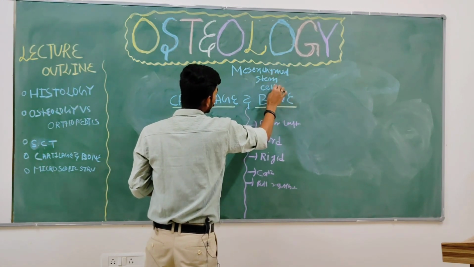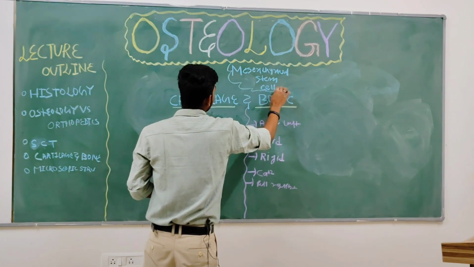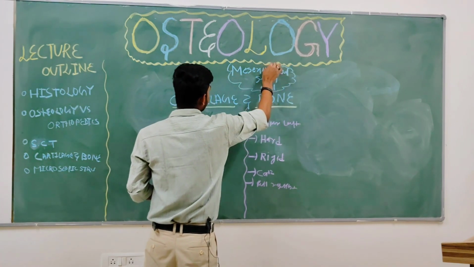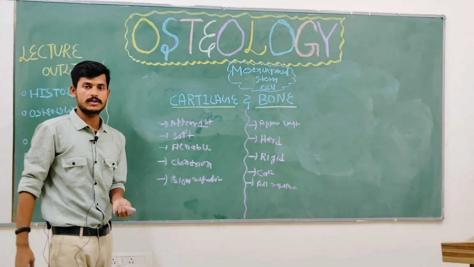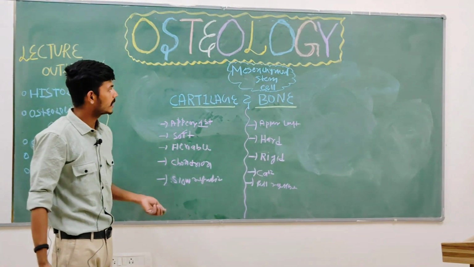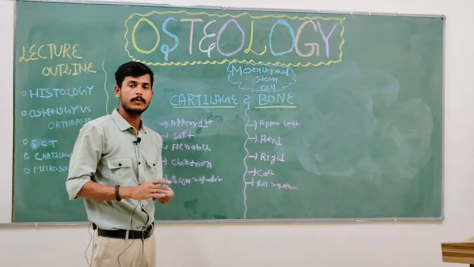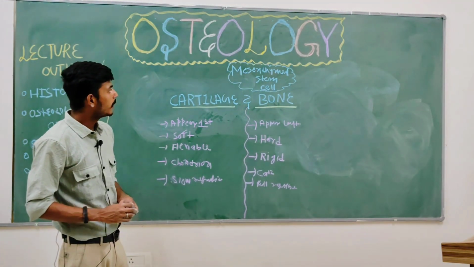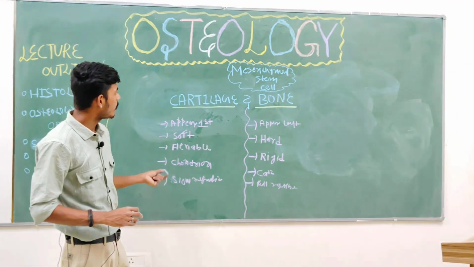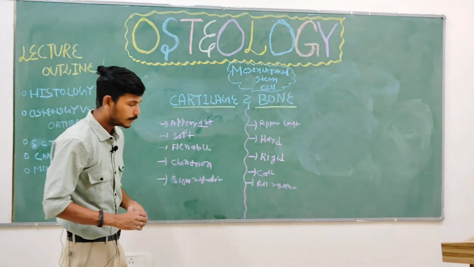Do you know the meaning of a stem cell? It's a kind of specialized cell which has the ability to form structures. There are different types of stem cells, some are pluripotent, some are totipotent. So it's basically a mesenchymal stem cell which forms the cartilage and the bone.